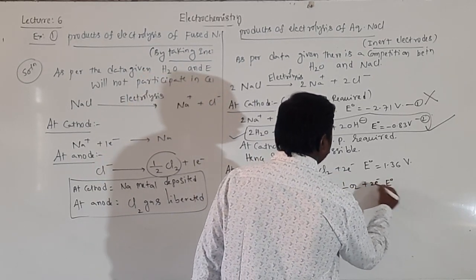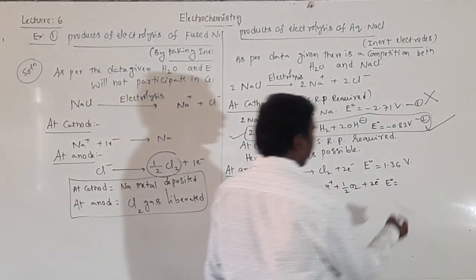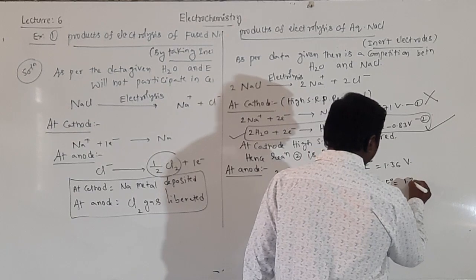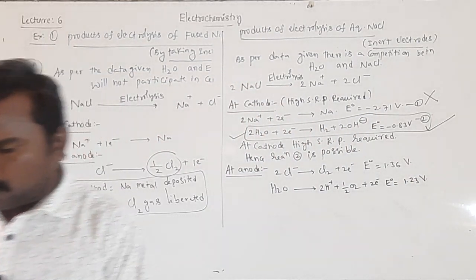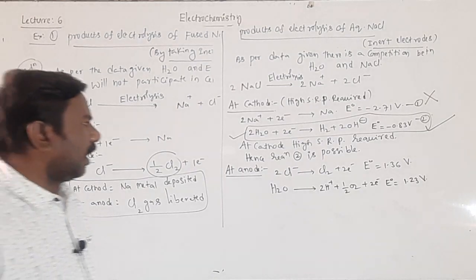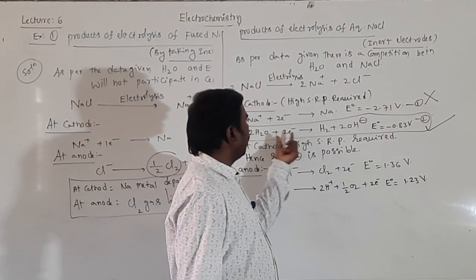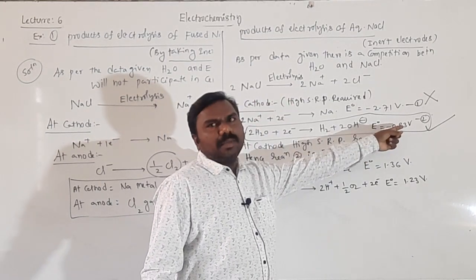For this, the E naught value will be 1.23 volts. It is the E naught value of the water oxidation reaction.